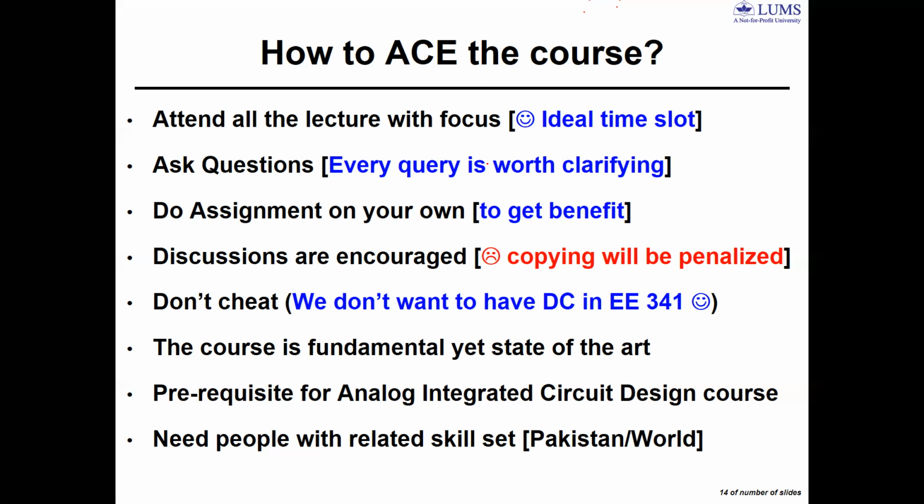Don't worry about the grades. If you make the effort, you will get grades, but cheating is not going to help you at all. I might not be able to catch you, that's fine, but it's not going to help you. And if you are caught, then we don't want unnecessary hassle.